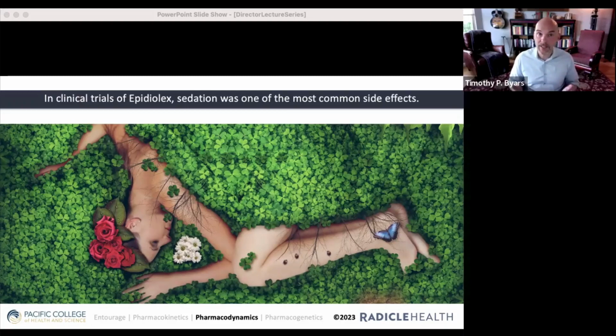Remember that these patients who were taking Epidiolex, they are also taking other drugs to help treat epilepsy. So maybe CBD was either inhibiting or potentiating the enzymes that influence those drugs. And that's why Dr. Rousseau is suggesting that the patients in the clinical trials for Epidiolex were having fatigue.